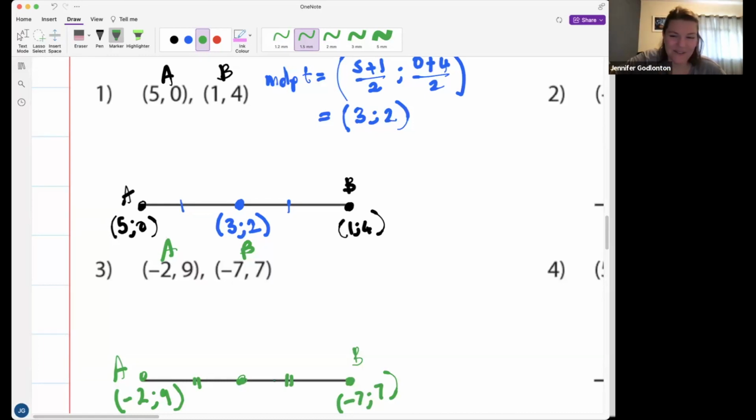Try not to get confused with the negatives. I know that they can be confusing sometimes. Just remember that if you're adding a negative, it just stays as a negative, if that helps.